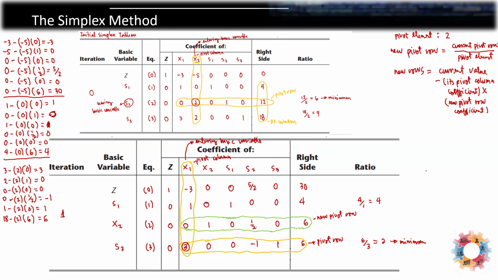That's your pivot element for iteration 1. Pivot element is equal to 3.